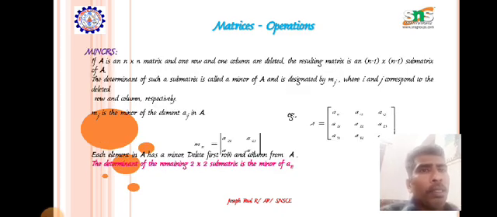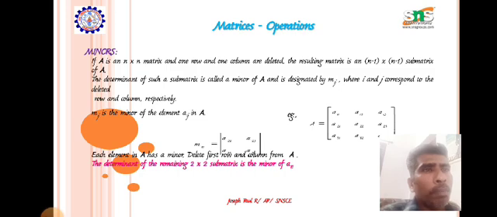Minor matrix. If A is an n by n matrix and one row and one column are deleted, then the resulting matrix is an n minus 1 by n minus 1 submatrix. So the corresponding row and the corresponding column are eliminated. That matrix we call a submatrix.